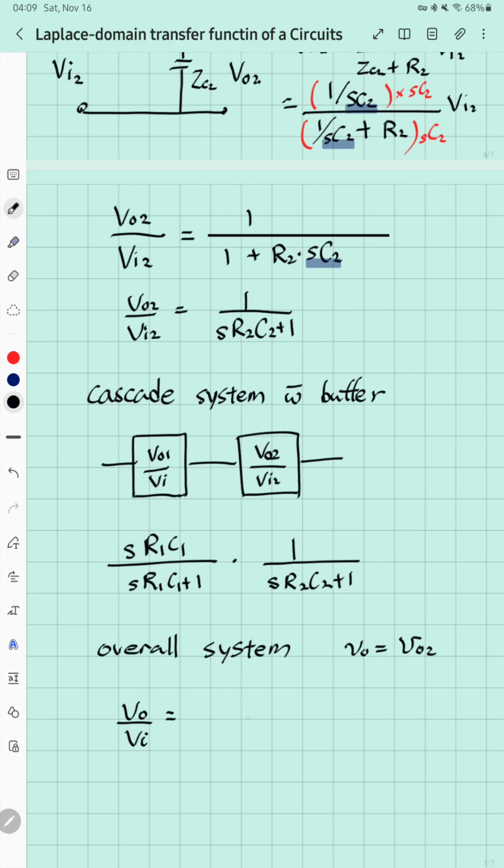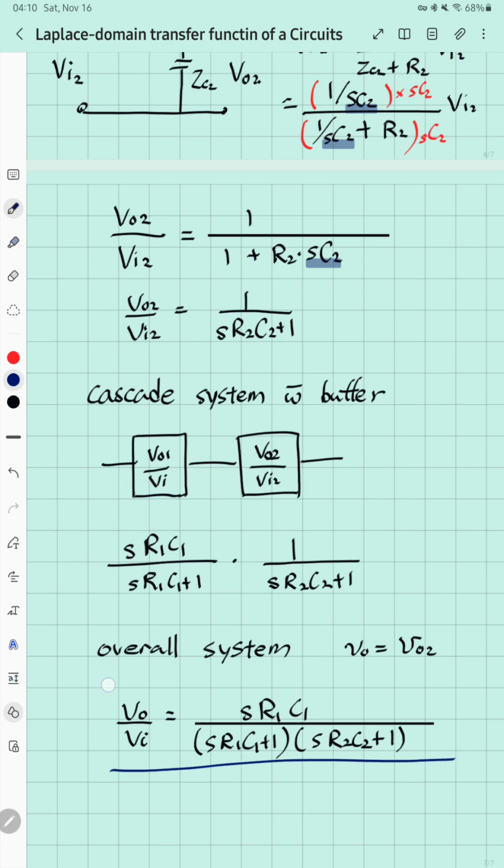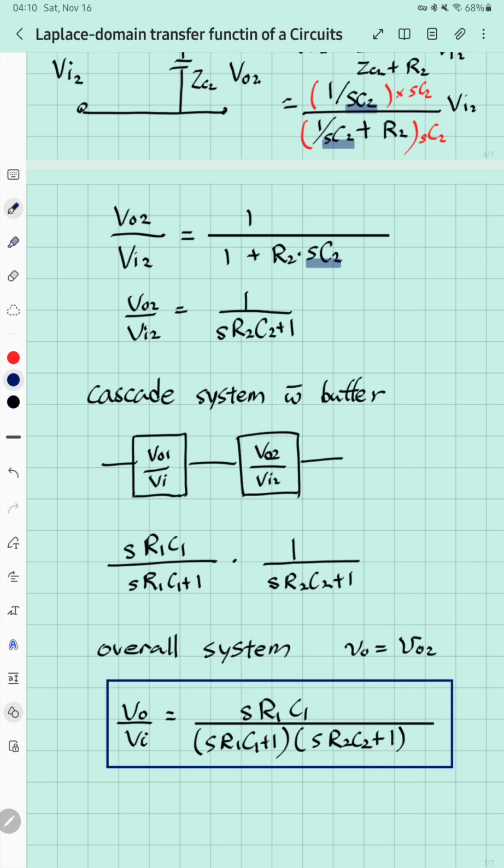You can rewrite the whole thing as S R1 C1 over S R1 C1 plus 1, please put the bracket, times S R2 C2 plus 1. Well, actually 1 over S R2 C2 plus 1. And this is your final answer for the cascaded case.